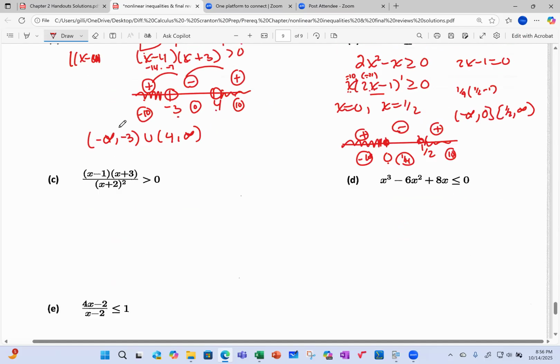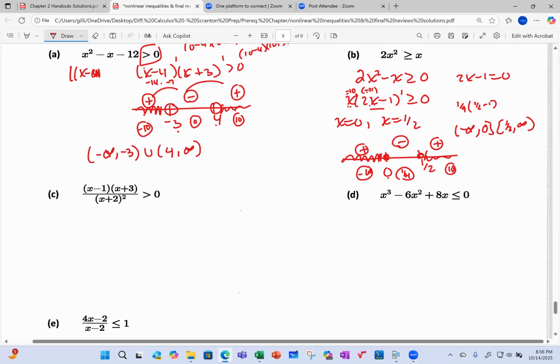In part C down here, we've got 3 critical points. Just got to put them in the right order. -3 and -2. Everything is an open circle because there's no equal to part.